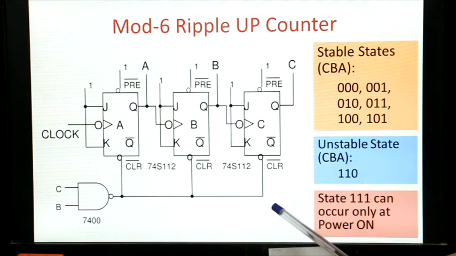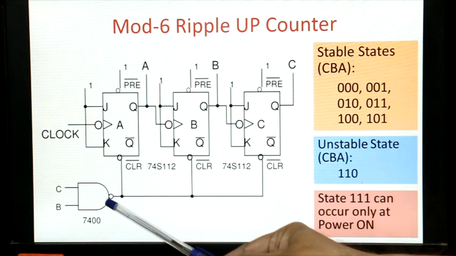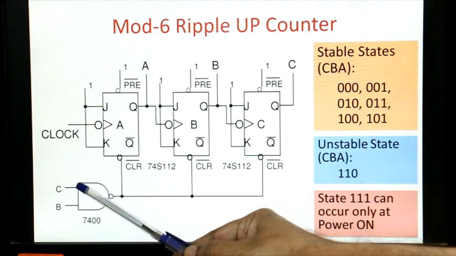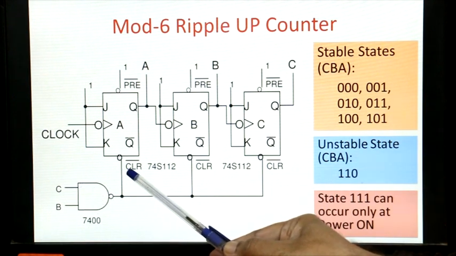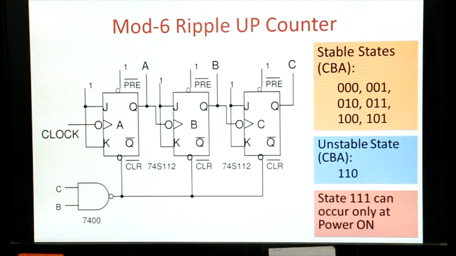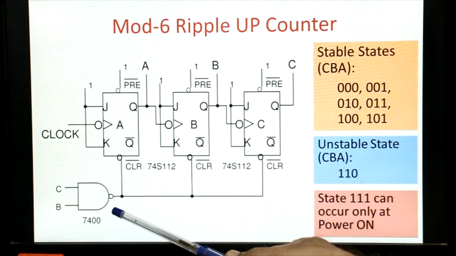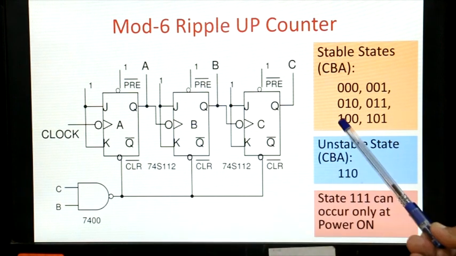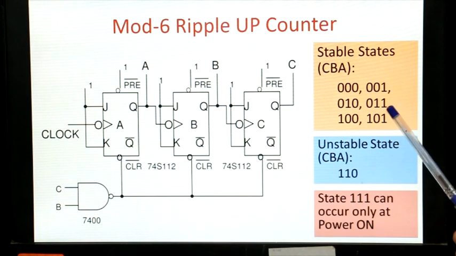For all other cases the output will be high, which means that for all cases other than when B and C are 1, the clear would be at a logical 1, and clear will not be in operation. So during the stable states 0, 0, 0, 0, 0, 1, 0, 1, 0, 0, 1, 1, 1, 0, 0, 1, 0, 1, the output of the 7400 will be high, because you can see that B and C are not both 1 here.